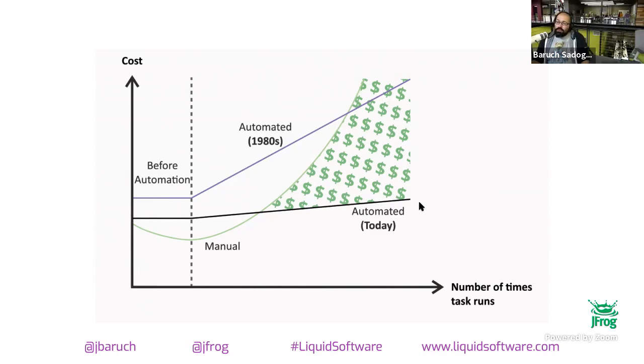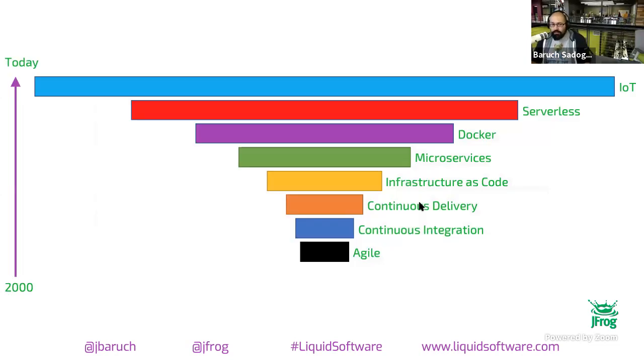And if you are in doubt that our software is getting complicated, that's how we see it. A good indication of the complication of software is the amount of binaries that we need to deal with. And at JFrog, we deal with binaries, so this is what we know to measure.